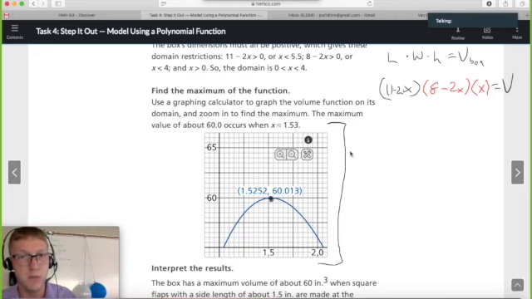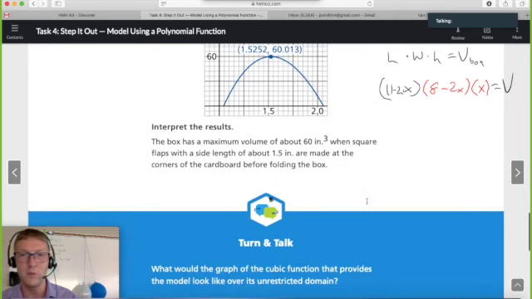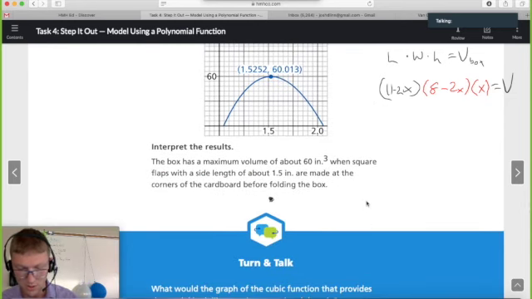So take a minute and actually make sure you know how to graph on your graphing calculator. It's going to be useful at this point. And then with that, you know your x, and then you can solve for your volume, and ta-da, you have solved the problem. Good job.